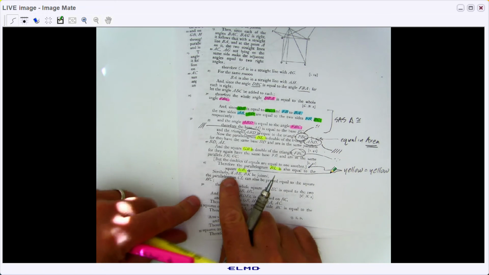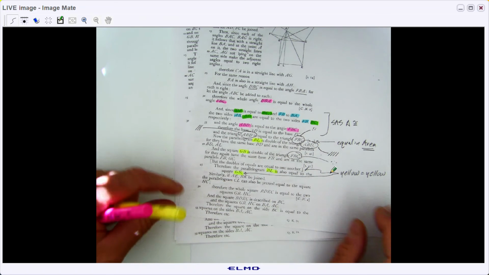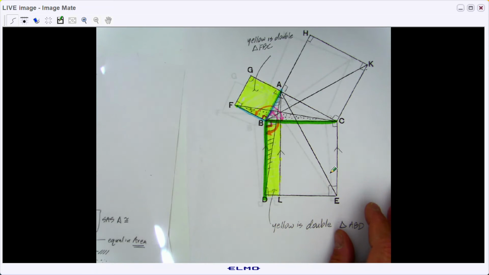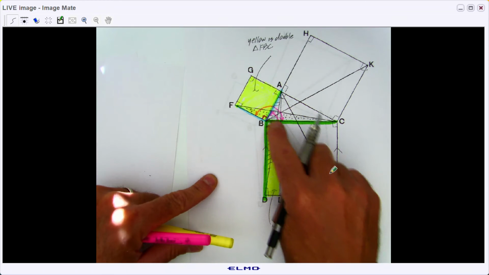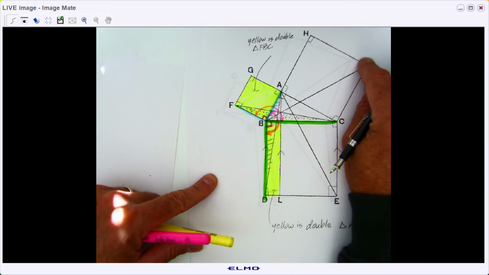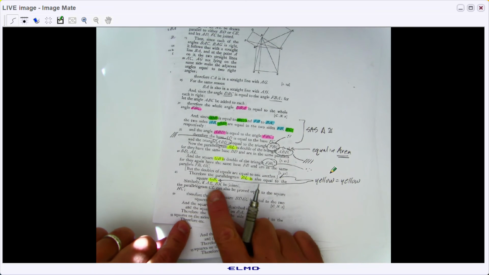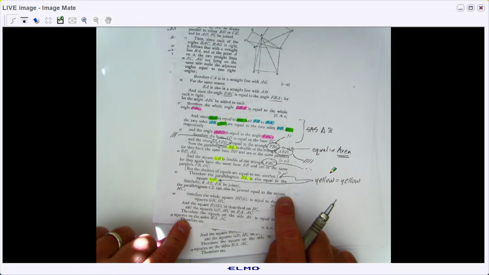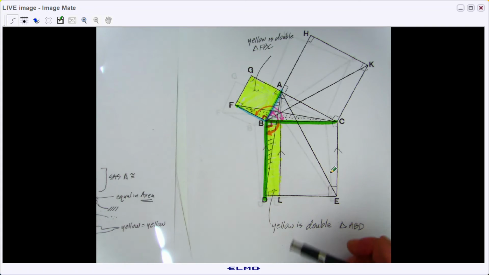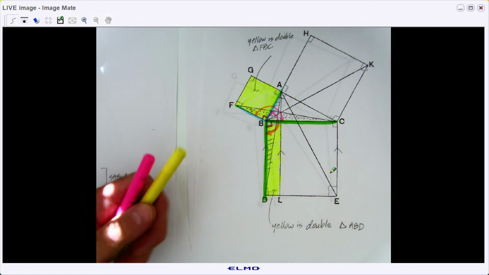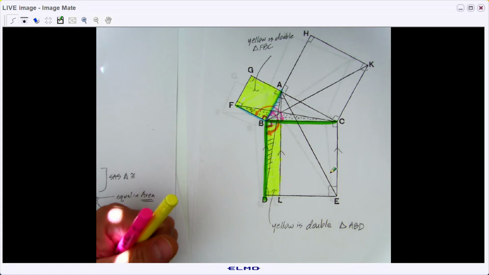And he says, similarly, if AE and BK are joined, the parallelogram CL can also be proved equal to the square HC. So the parallelogram CL, let's see if I have a different color. Let's use orange.